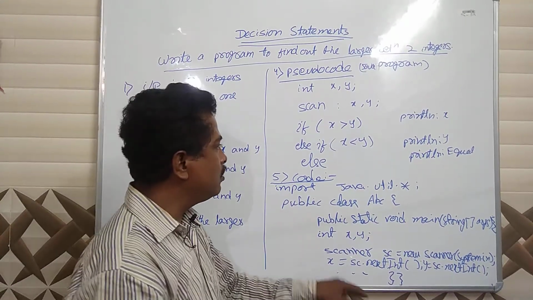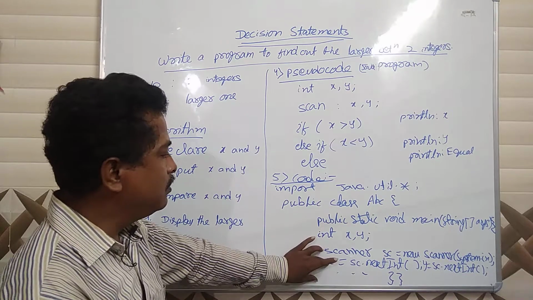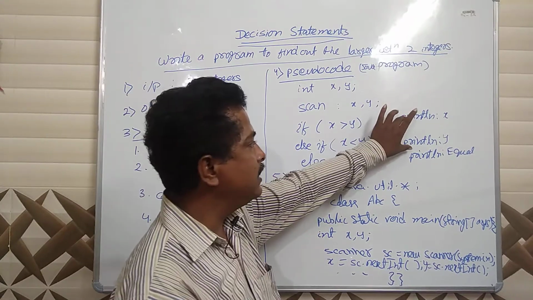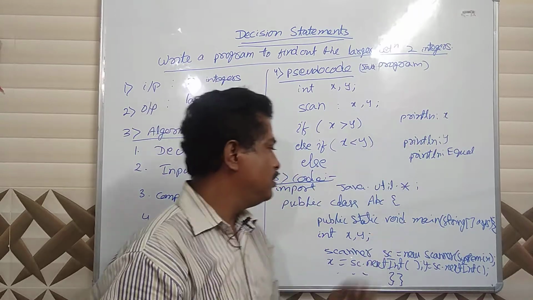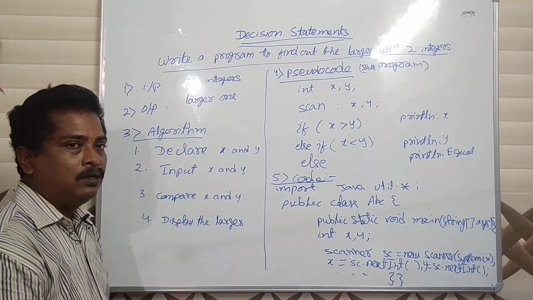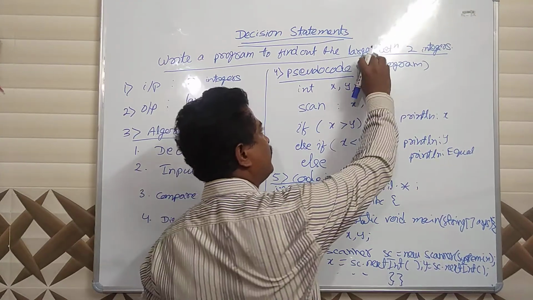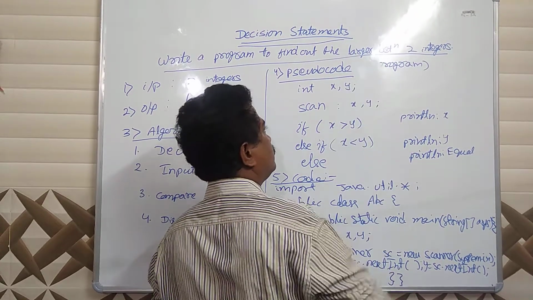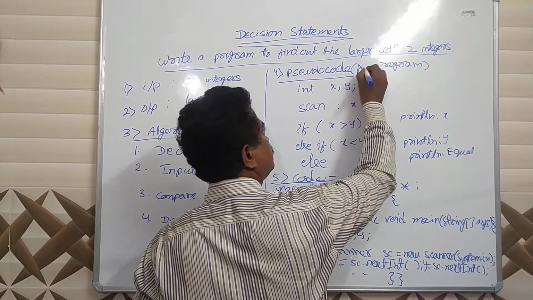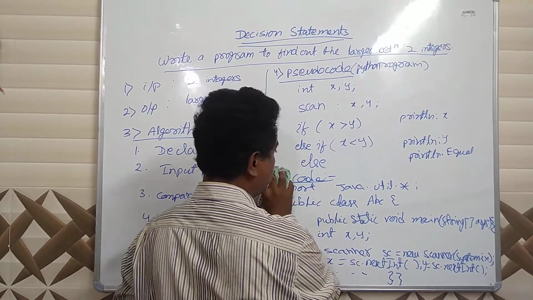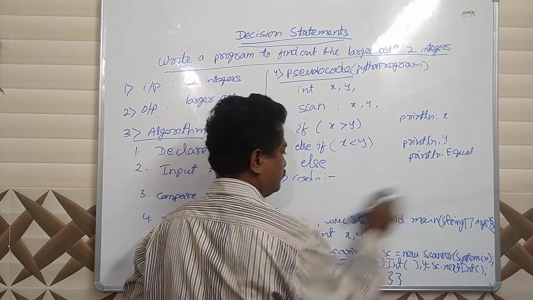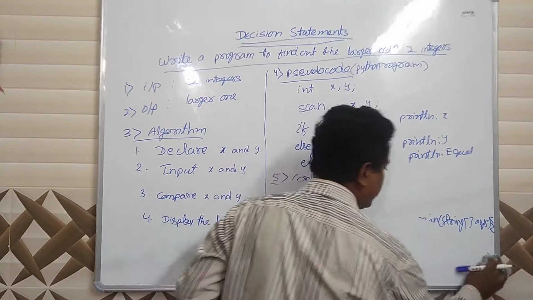So I have given dots, just copy and paste it here. That's it. In place of println, write System.out.println, the total format. So it is your Java code. Now if I am moving to Python, now in Python what happens?